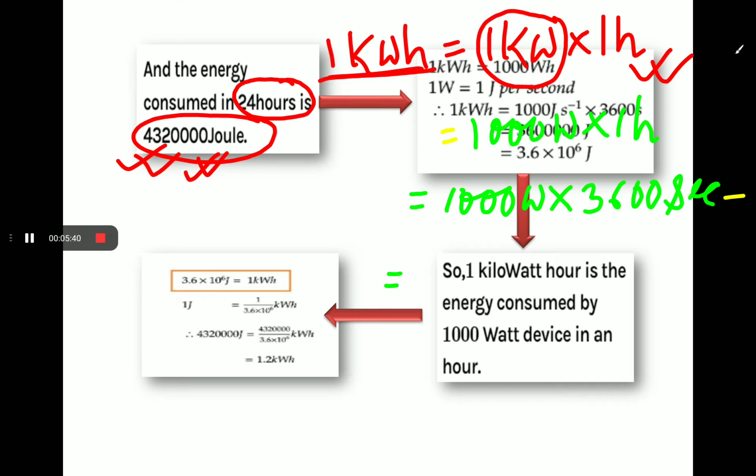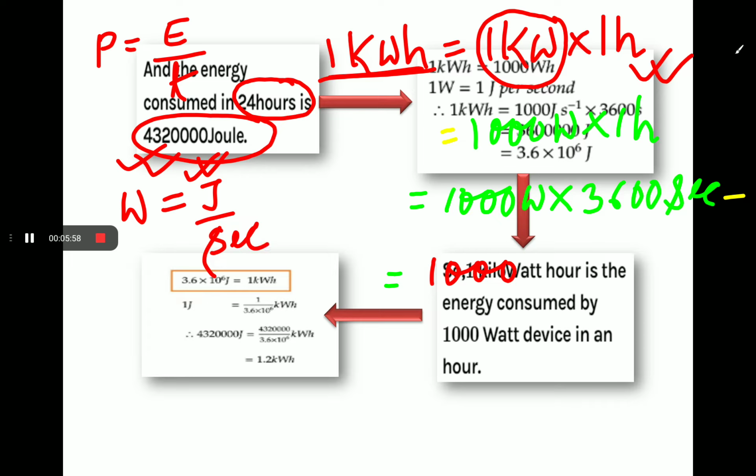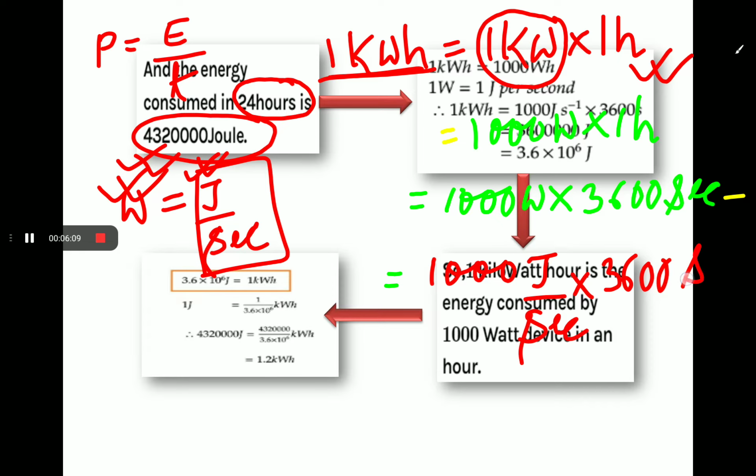We know that power is equal to energy by time, that means in terms of SI unit, watt is equal to joule per second. So we will put joule per second in place of watt here. That is joule per second multiplied with 3600 seconds. Here the second cancels out.